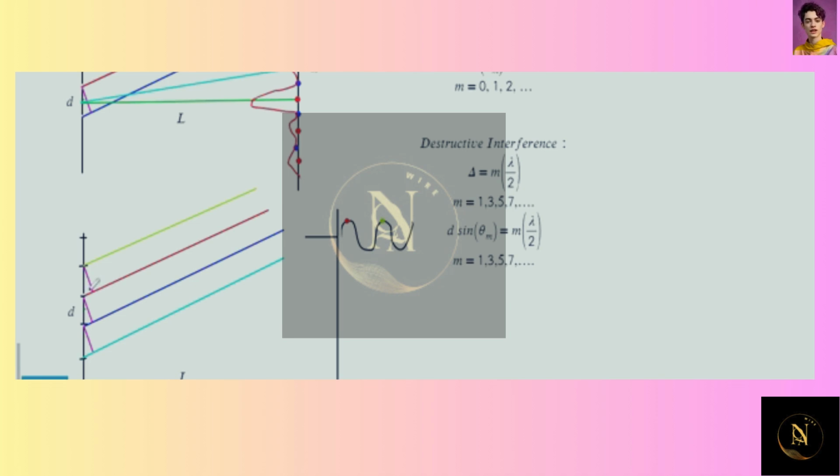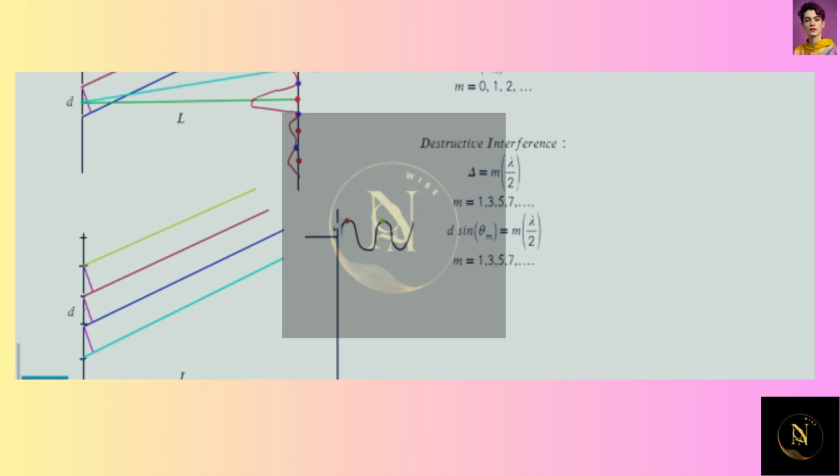However, the distances are going to be slightly different. Destructive interference is only going to occur if they are out of phase by integer multiples of half wavelengths.